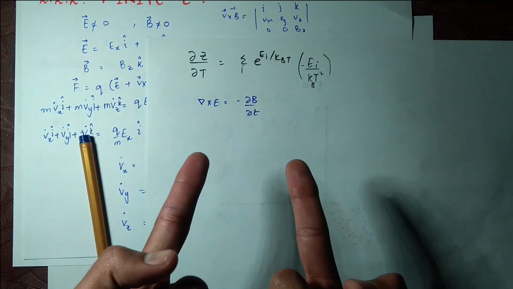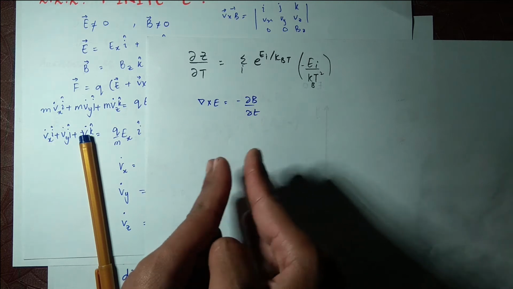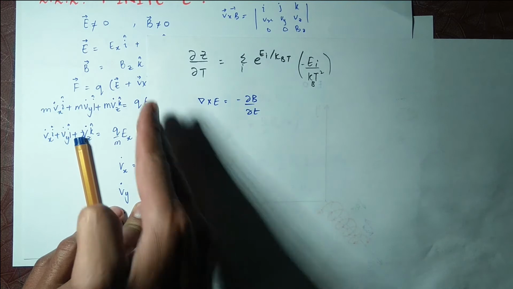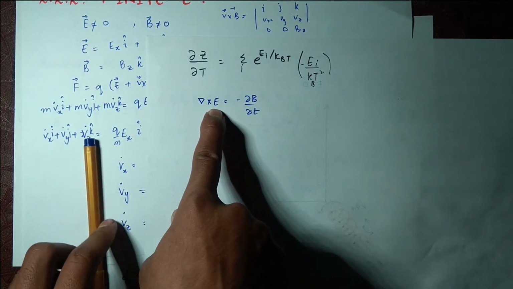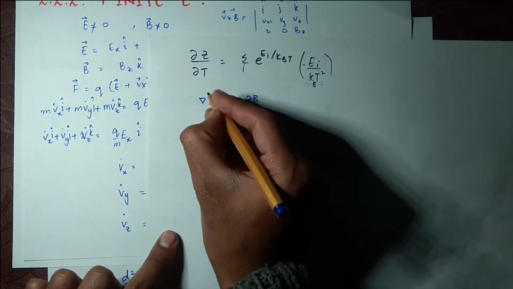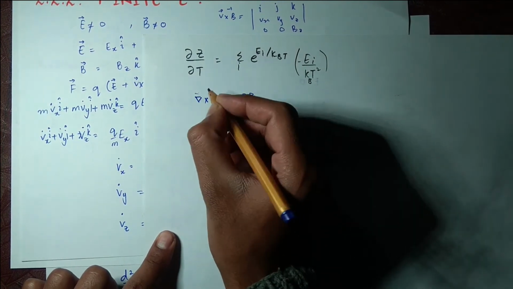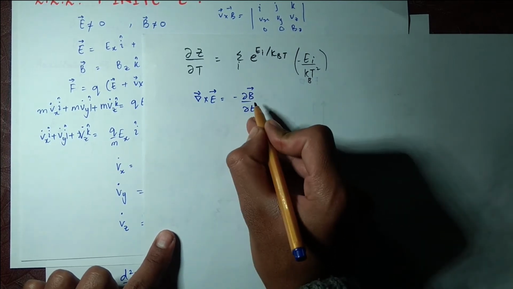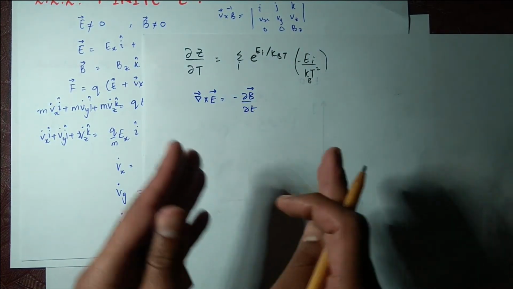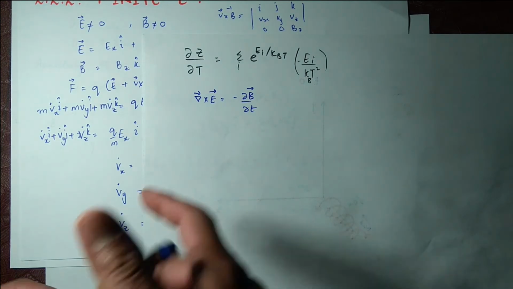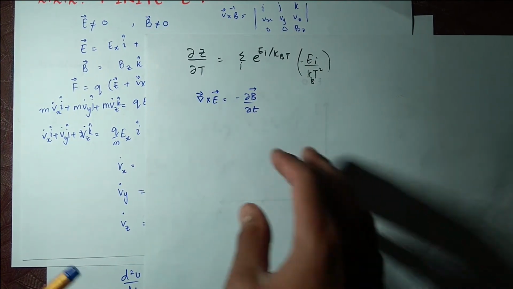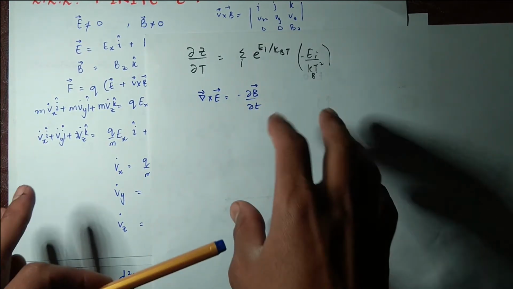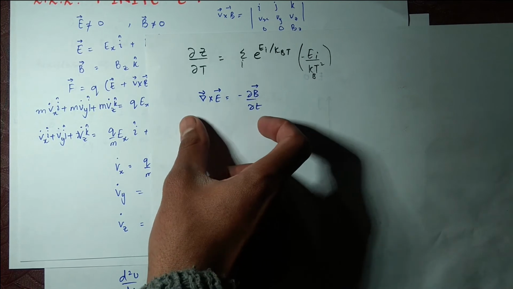We have two things in this coupled equation: on the left we have the electric field, and on the right we have the magnetic field. We decoupled them in our course of electromagnetism, which you can see in that playlist. It's not our concern here, but these are coupled equations.